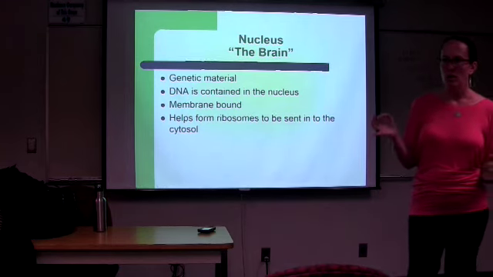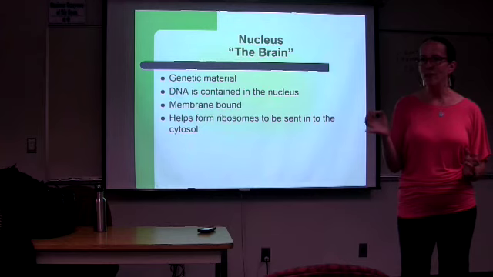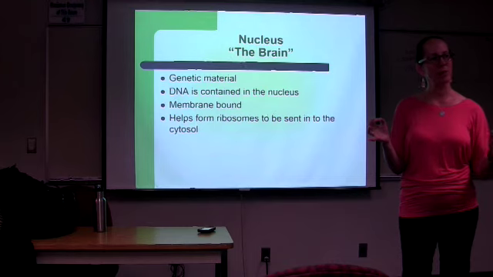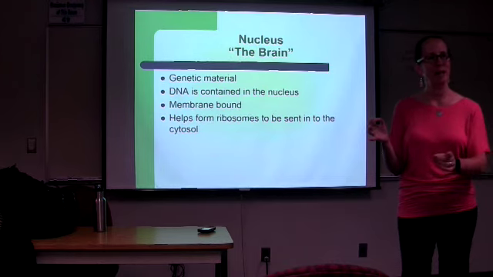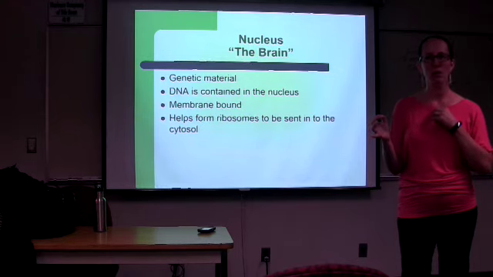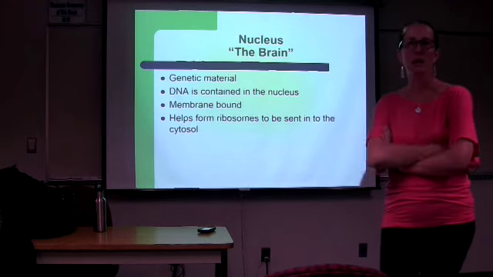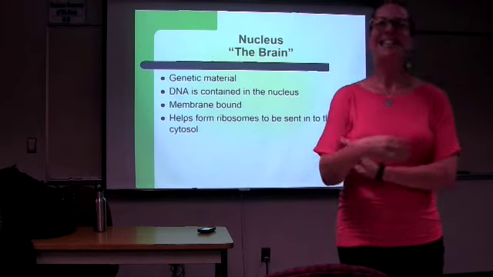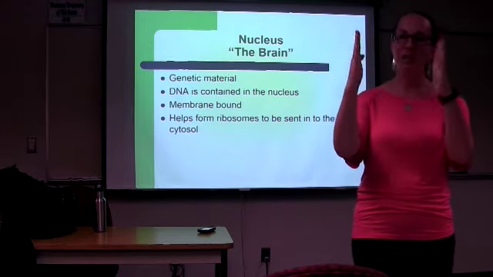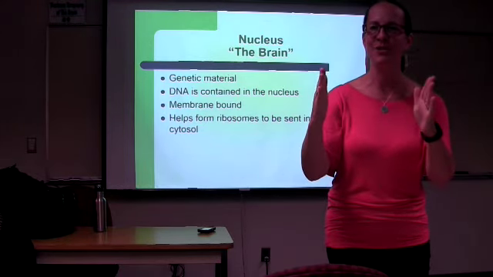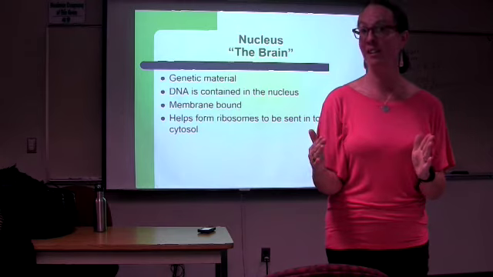So, why is it that in every one of my cells I have that same DNA order, that's my genetic code, why do I have different cells in my body? Only certain parts of that DNA is expressed in certain cells. Very good.